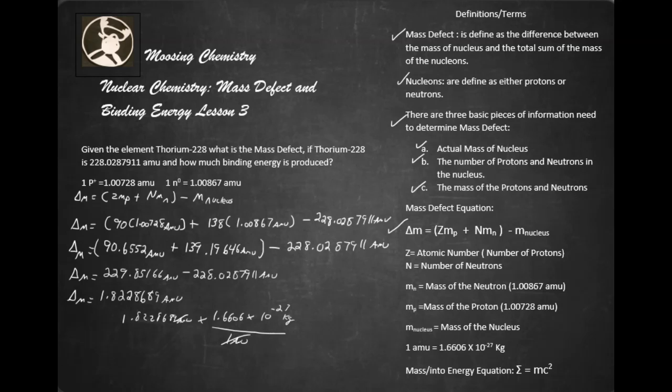That cancels out, and that gives us 3.027056 times 10 to the negative 27 kilograms.